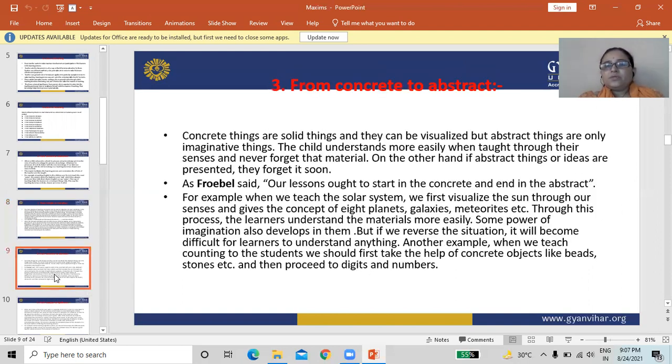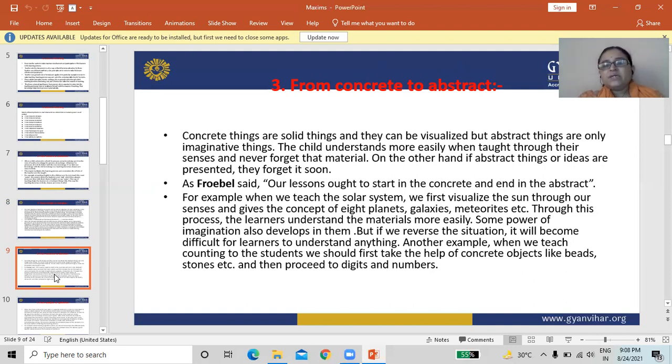From concrete to abstract. Concrete things are solid things. They can be visualized, but abstract things are only imaginative things. The child understands more easily when taught through their senses and nerves. They forget abstract material soon.